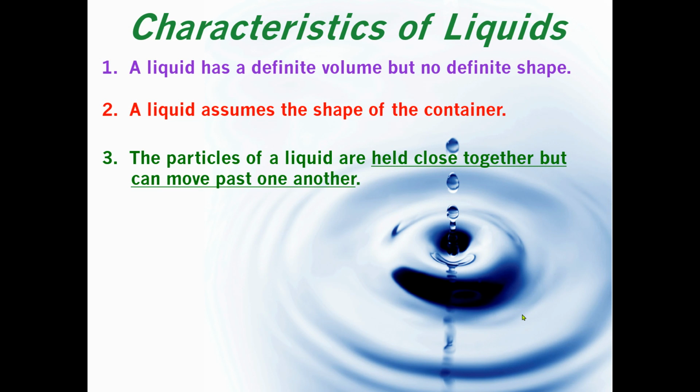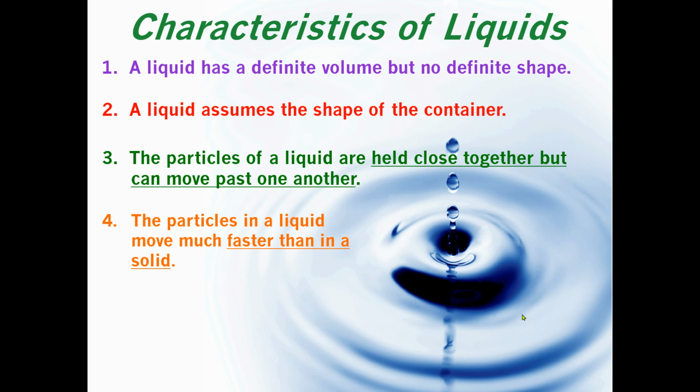The particles of the liquid are held close together, but can move past one another. They still have an attraction to each other, but they can move past each other and move a little bit more around each other.